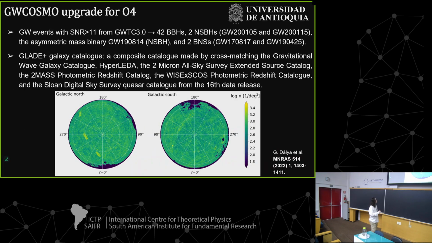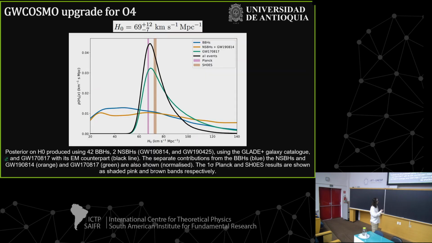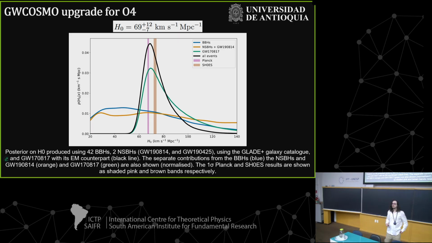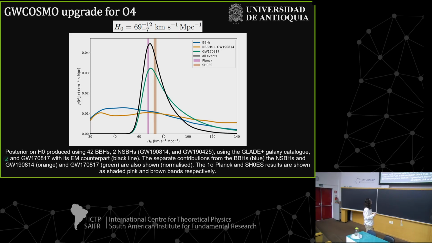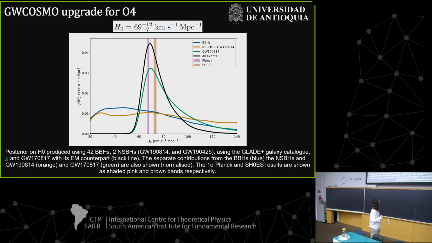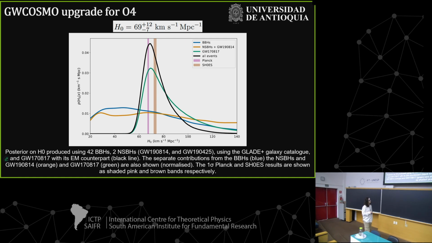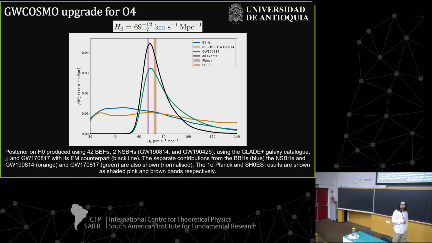But in this other case, this is the result of a joint analysis, so we sample over the population parameters as well. And then after marginalizing over the population parameters, this is the kind of constraints that you get from O3 data. And here it also shows the 1 sigma regions for the Planck and SH0ES estimations of the Hubble constant.